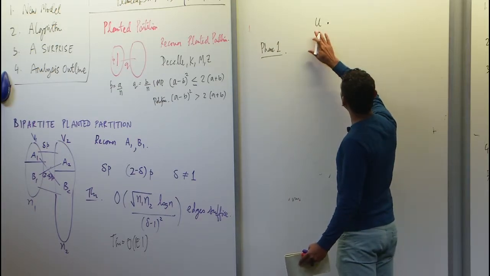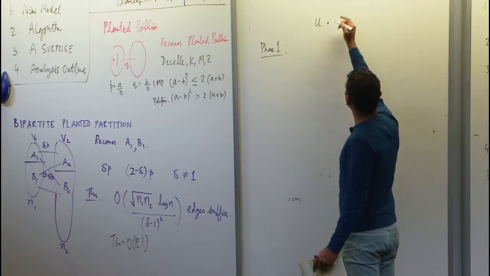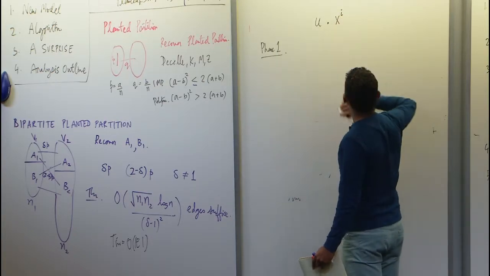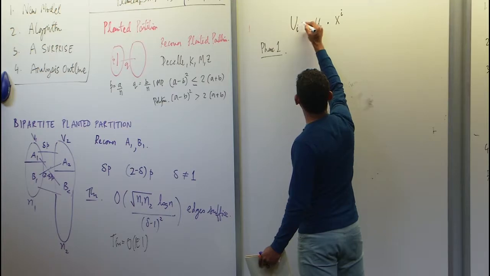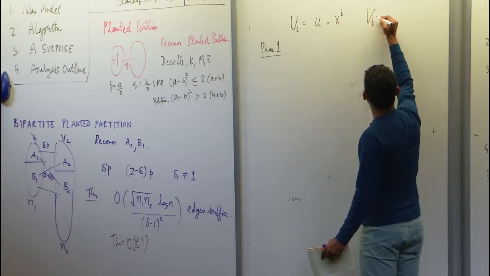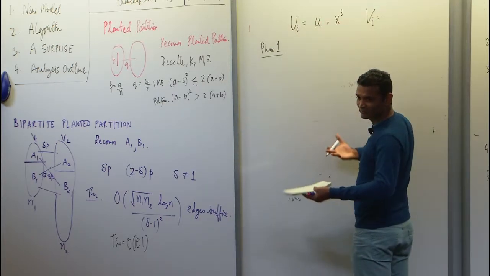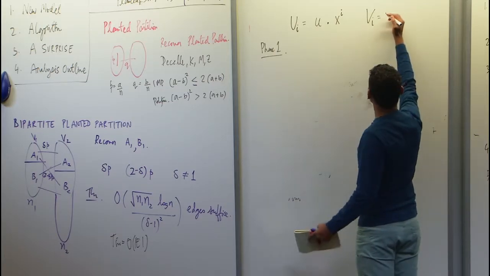So let u be the true partition on the left: u dot xi. This will be one potential function, and the other one is for the other side. We have to keep both growing.